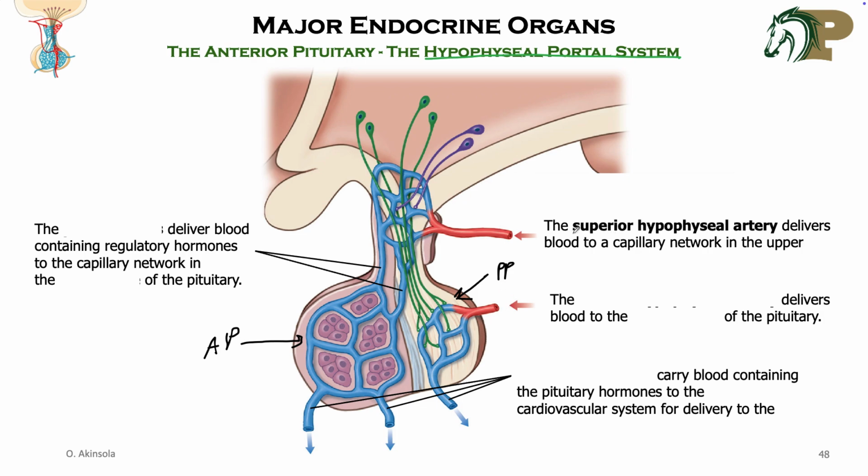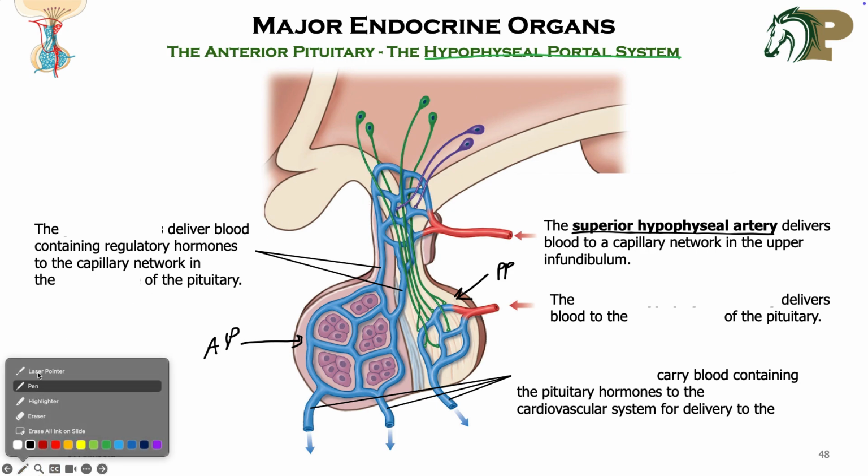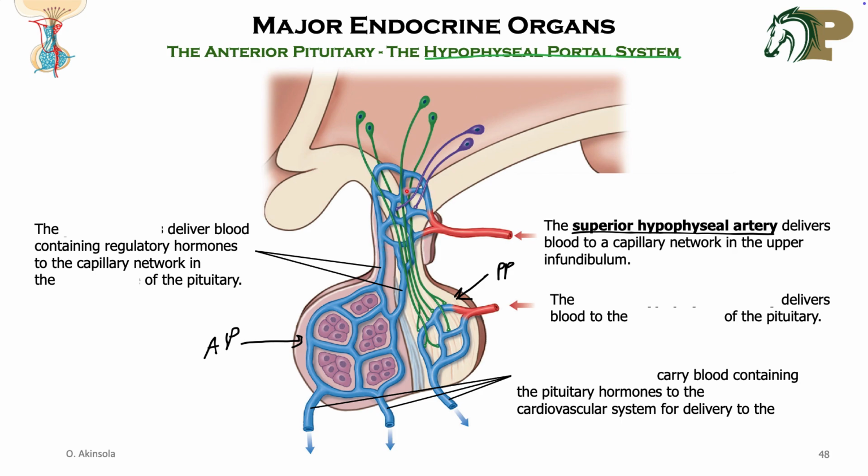So what we have, this is the superior hypophyseal artery. And that's going to deliver blood to a capillary network in the upper infundibulum. Remember, the infundibulum is that short stalk right in here that's going to connect the hypothalamus to the pituitary. So that superior hypophyseal artery will deliver blood to this capillary network here.